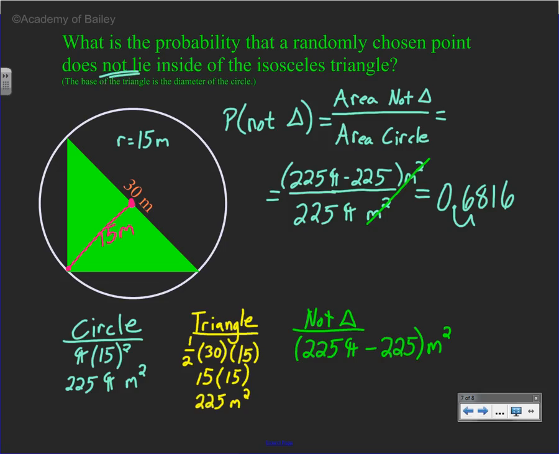Move your decimal place 2 places to the right, so that'll be 68.16, rounds the 1 up, so it is approximately 68.2% of the circle is not covered by the triangle.